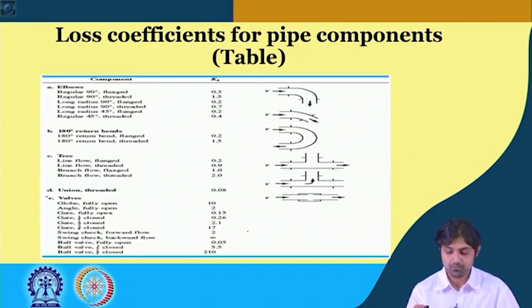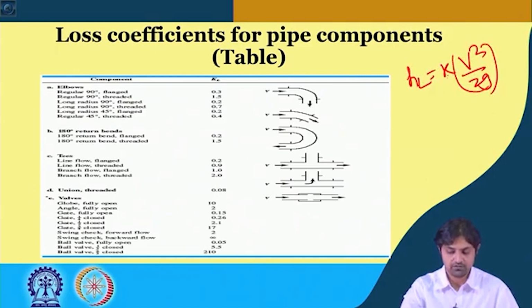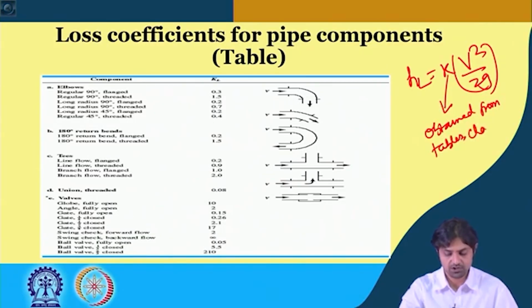So the important message is that minor losses is K into V square by 2g. And K can be obtained from tables or charts.